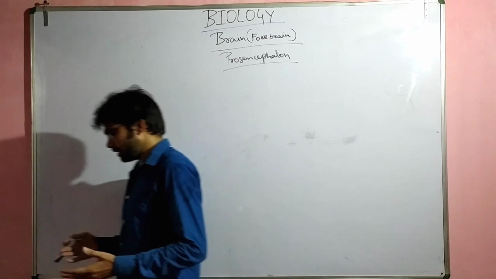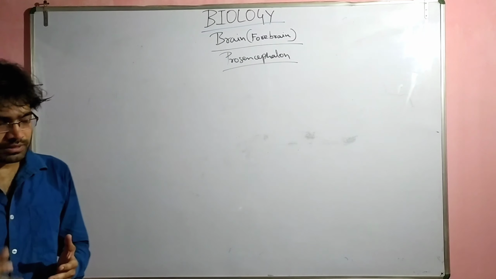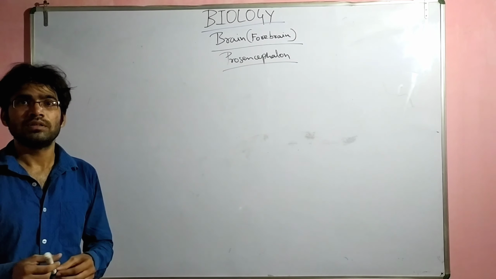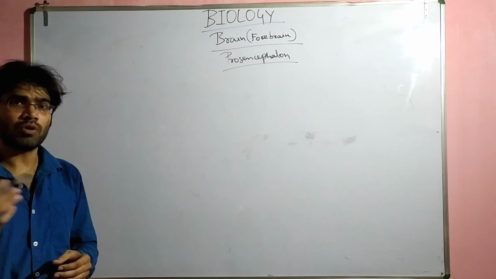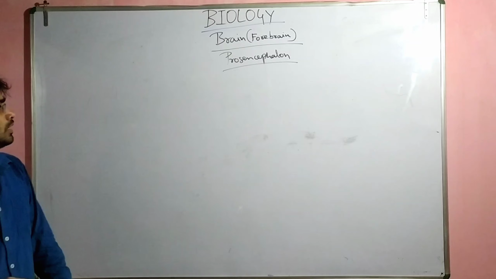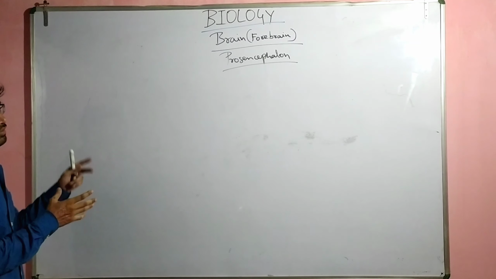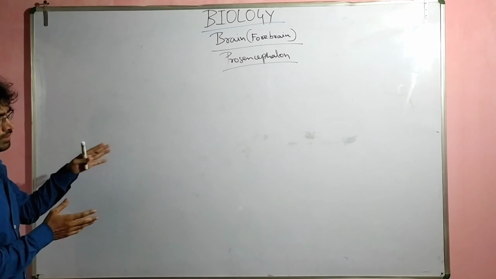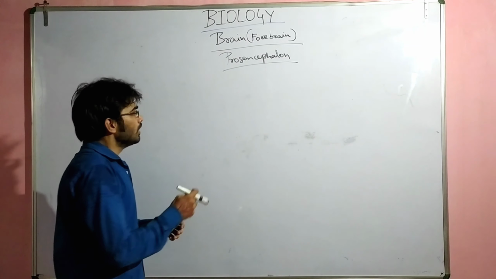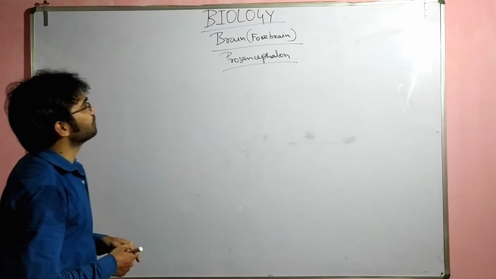And it is very vital. If you understand, then you will be able to solve whatever problems arise from the prosencephalon. So here I am going to make one flow chart through which I will explain the prosencephalon.